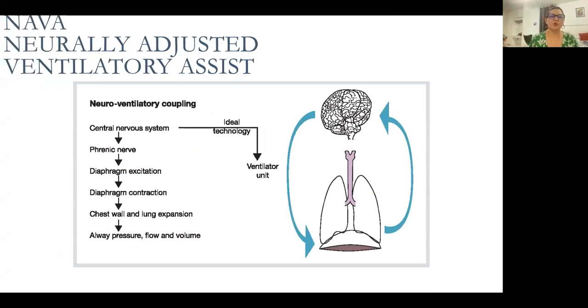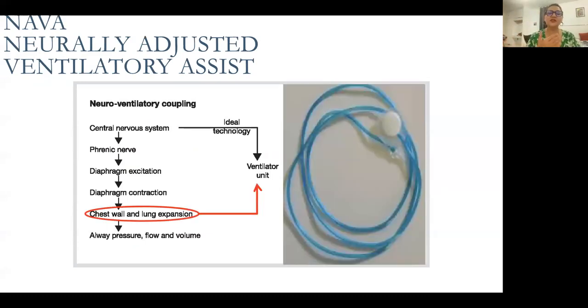So what we want is a direct connection of the central nervous system to the ventilator unit. Okay, I want to breathe, and straight away the ventilator unit should start. Maybe over some more time we will be talking about it, but that has not happened till now. What we had initially was a connection of stimulus from the chest wall and lung expansion to the ventilator unit, which was not okay.